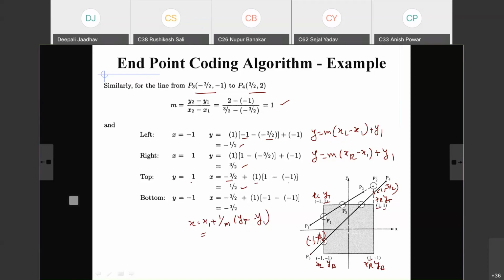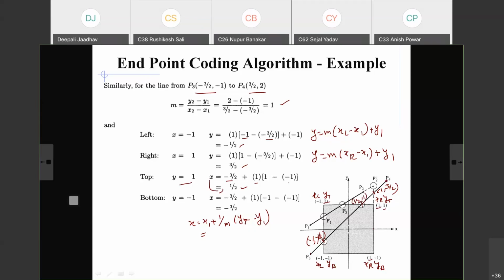So when this line P3 to P4 touches the top, where it intersects the top in this window, what is the result? Sorry, previously I wrote it the wrong way. So x is 1 half and y is 1.